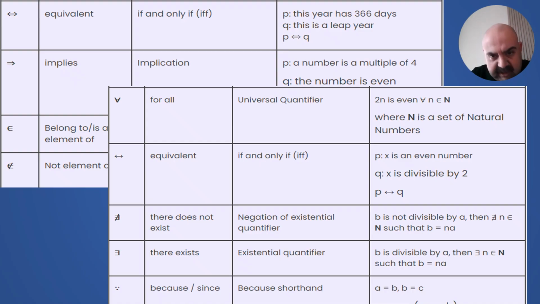So I can say 2n is even for every n belongs to capital N, where N is the set of natural numbers. Also equivalent or if and only if, which represents this will happen if and only if this condition is satisfied. This symbol is doesn't exist. On the other hand, there exists. And of course, this is since or because.